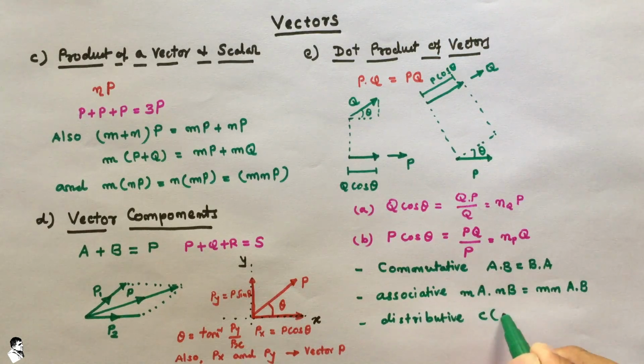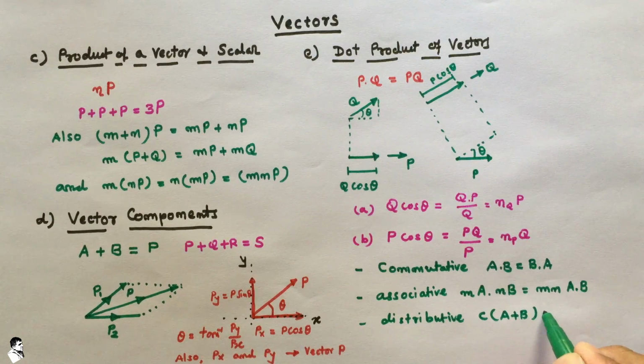So C · (A + B) we can write as C · A plus C · B. Furthermore, the dot product of two vectors is equal to the sum of the products of their respective scalar components.